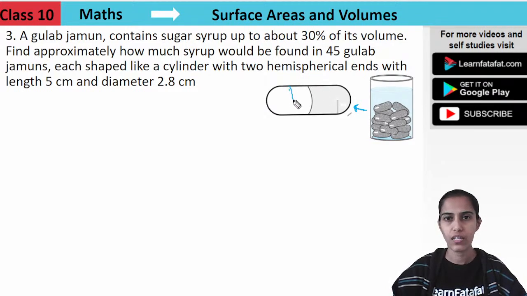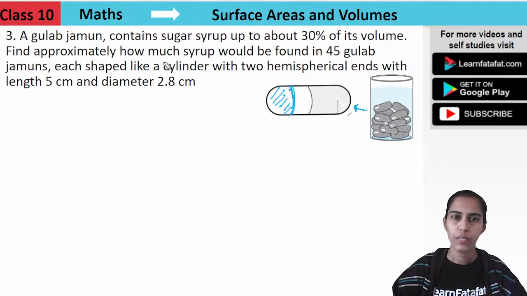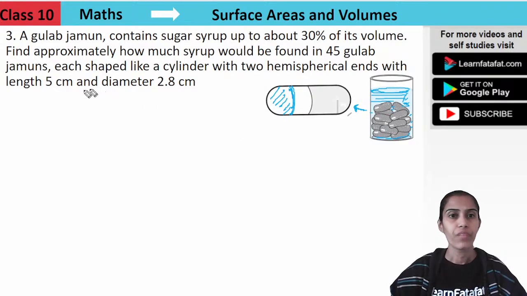Find approximately how much syrup would be found. ये देखो, in this jar, this blue thing is full the syrup. ये पूरा सिरप है. तो पूछा है कि कितना सिरप होगा if this jar has 45 gulab jamuns.